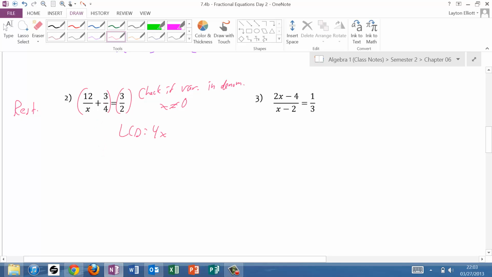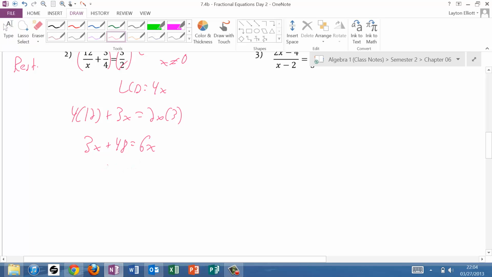So when I multiply the left side by 4x, the x's cancel and I have 4 times 12, then the 4's cancel and I have 3x, and then here the 2 and the 4 cancel, giving me 2x, so I have 2x times 3. Clean that up and that gives me 3x plus 48 is equal to 6x.